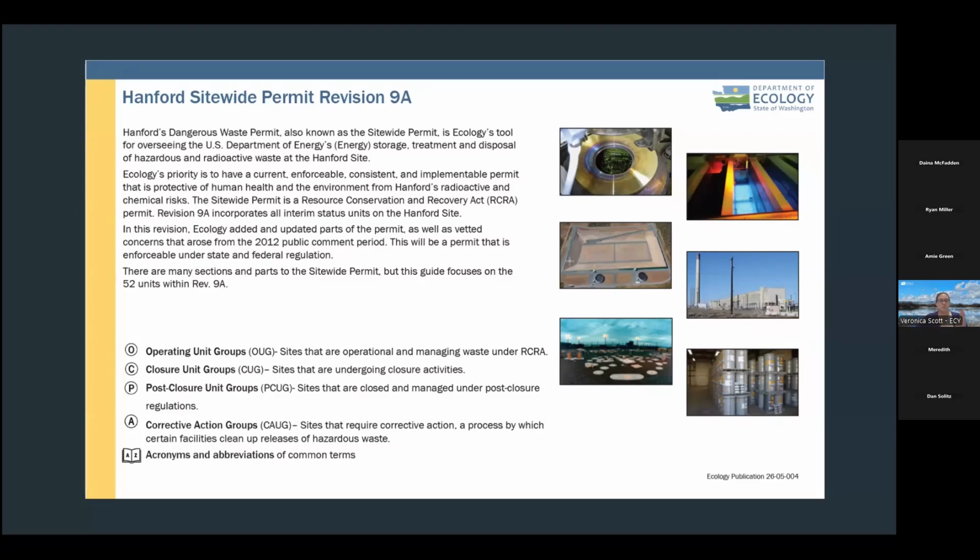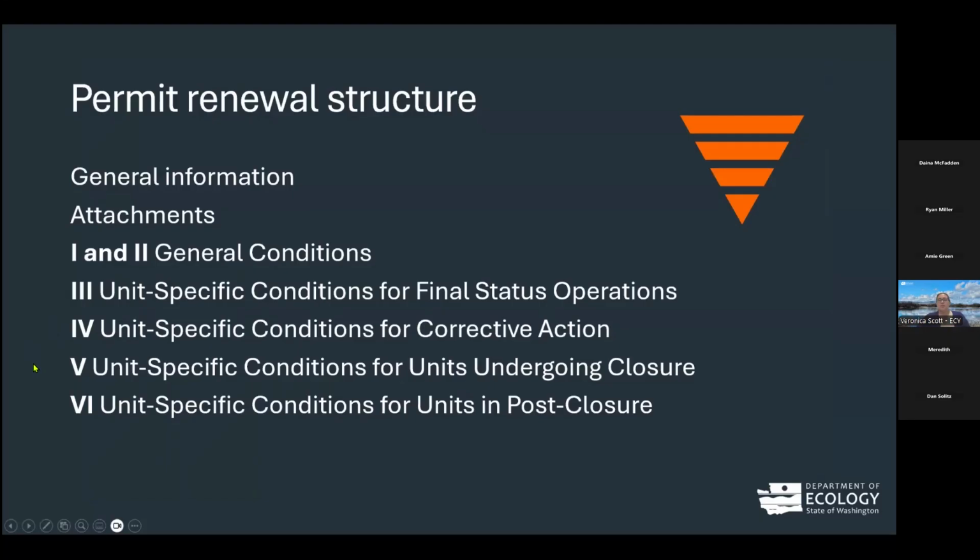So once you have reviewed those, we can talk a little bit more about reading the actual permit. Next slide, please. So the permit, it's a large document. So we wanted to kind of break it down a little bit more to help you understand how to actually read this, what kind of information is there, and how you, with your expertise, may want to dive in and look at the information that's available.